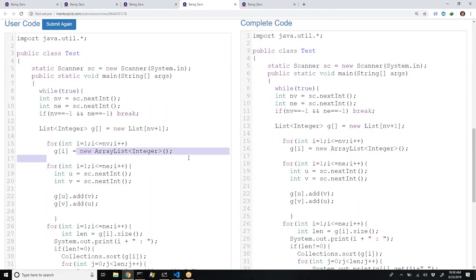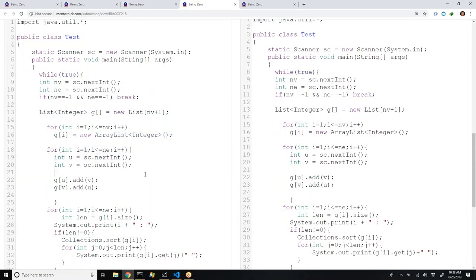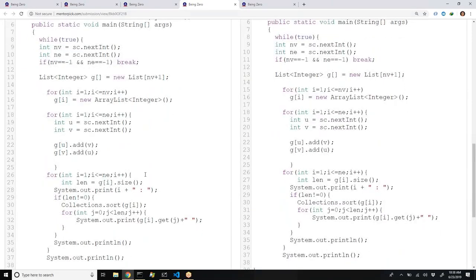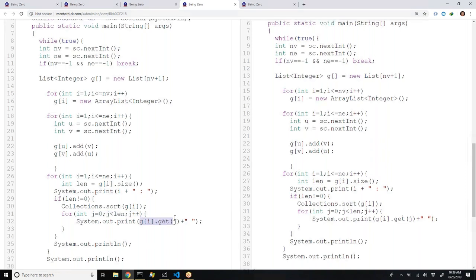Okay, then break. You're initializing the array list. Here you're reading and creating. Okay, here you got length. You are printing i. If length is not 0, you are sorting 0 to length. G of i dot get of j.